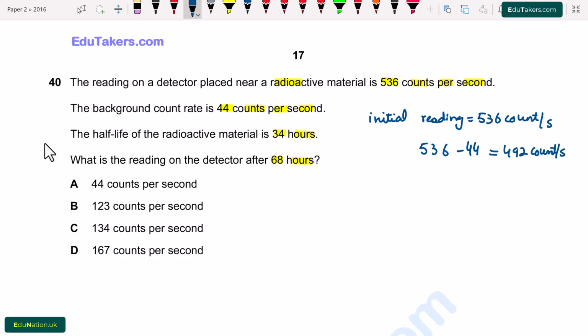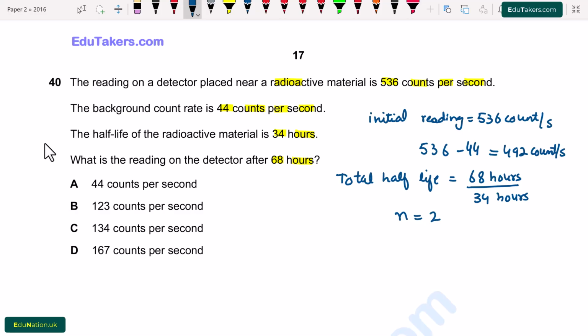Here half-life is also given and we have to find out the reading on the detector after 68 hours. First of all, we find how much half-life passes. So total number of half-lives will be equal to total time, that is 68 hours divided by half-life. It is given 34 hours. It means that total number of half-lives will be equal to 2.